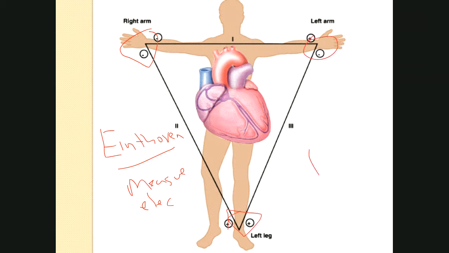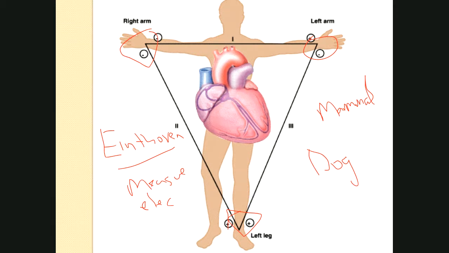And what he found out was that if you look at a mammal, like a dog or a person, if you put the heart in sort of a triangle, in fact, it's called Einthoven's triangle, you get a very, very particular, definite picture.